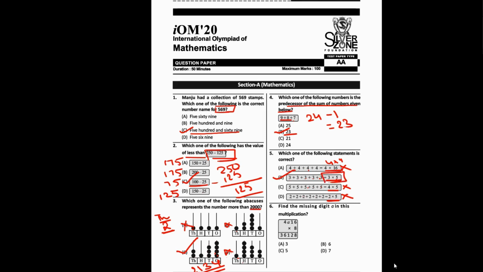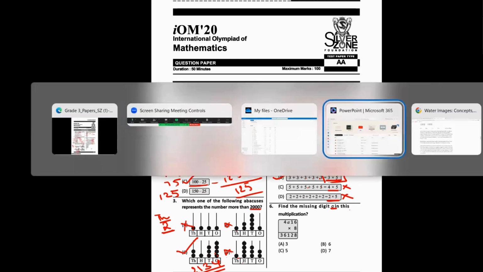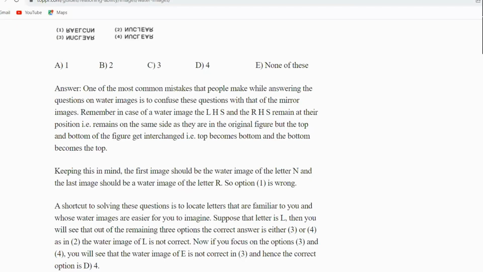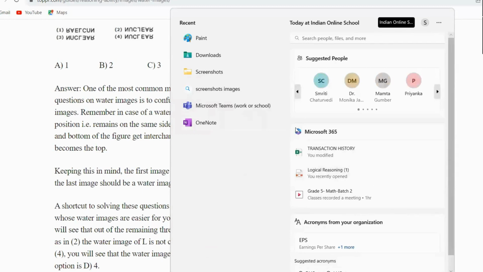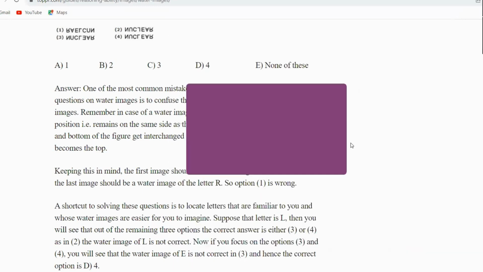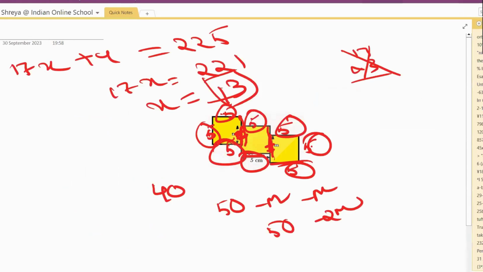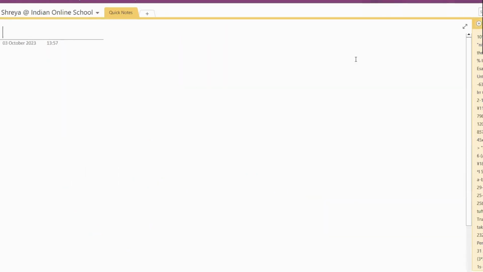5. Next, you need to find the missing digit A in this multiplication. Let's open up a page and multiply.